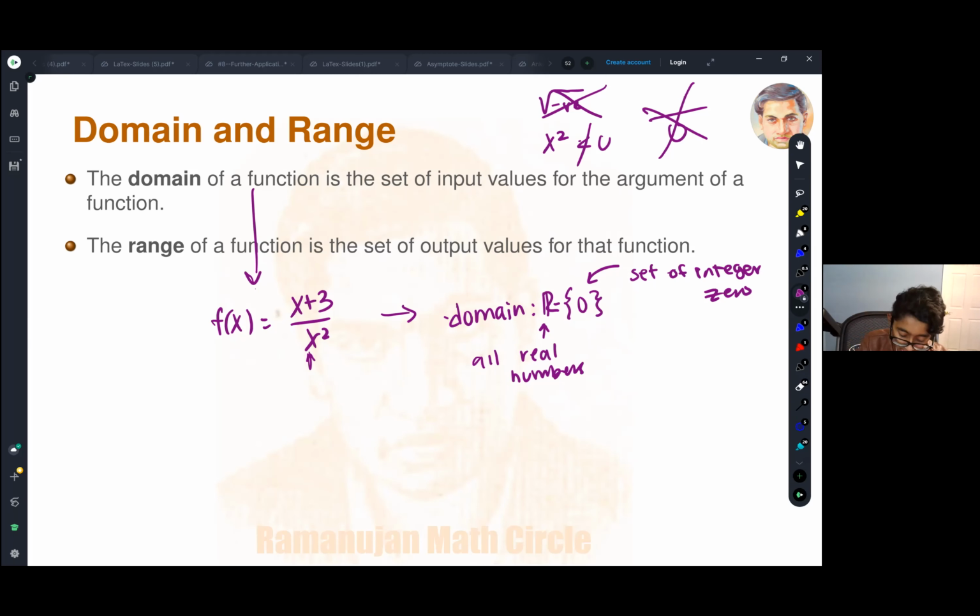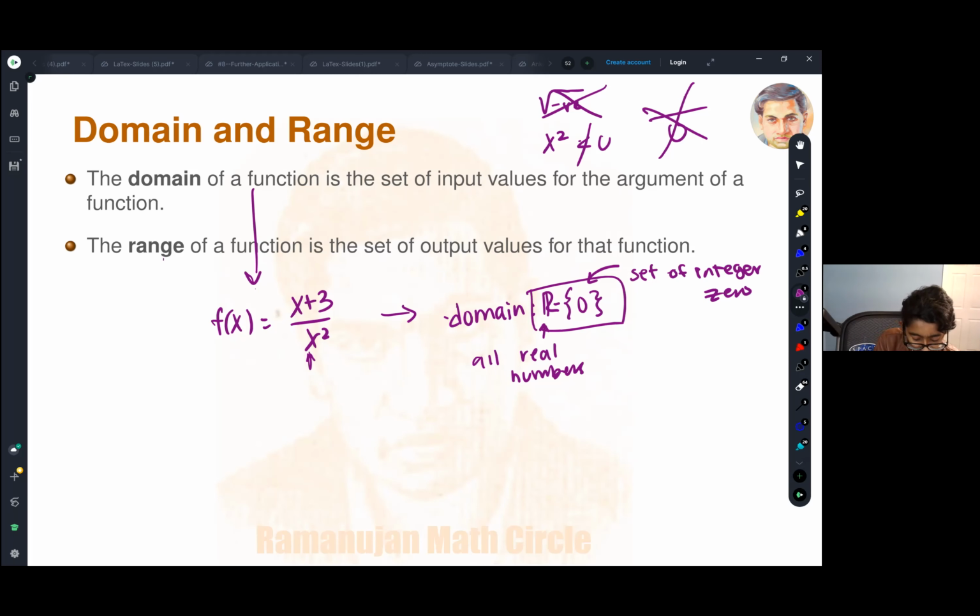All this is saying is that anything but 0 that is a real number works as an x value for this function. That's basically what a domain is: the set of x values, or the inputs, that you can put in a function.